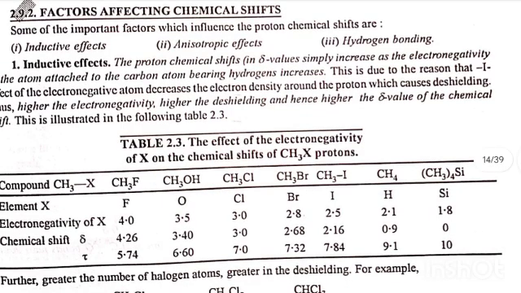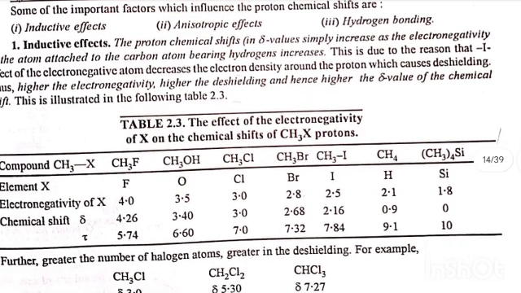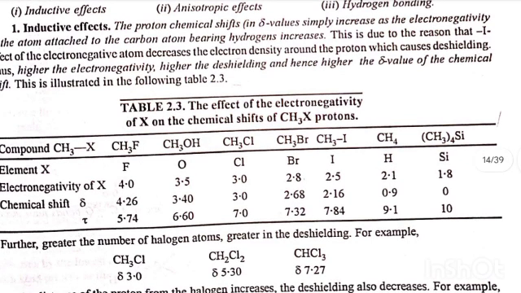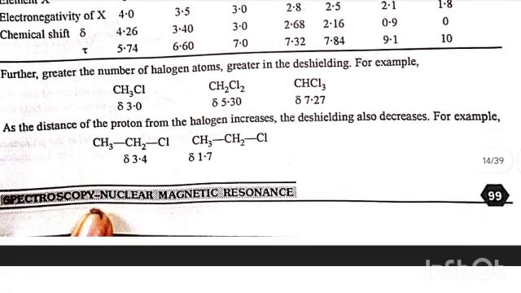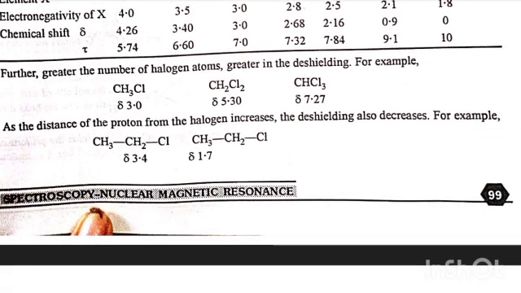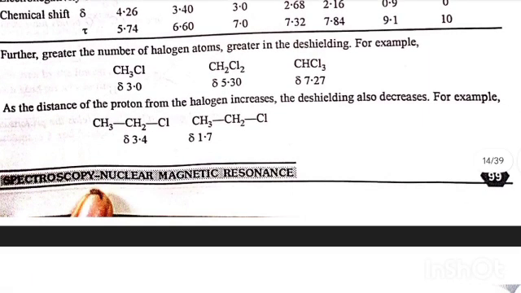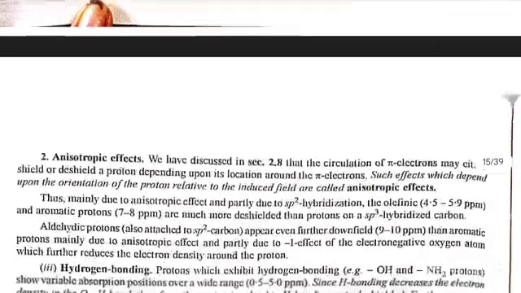This is because the -I effect of the electronegative atom decreases the electron density around the proton, which causes de-shielding. Thus, the higher the electronegativity, the higher the de-shielding, and the higher the delta value of the chemical shift. Further, the greater the number of halogen atoms, the greater the de-shielding. As the distance of the protons from the halogen increases, the de-shielding also decreases.